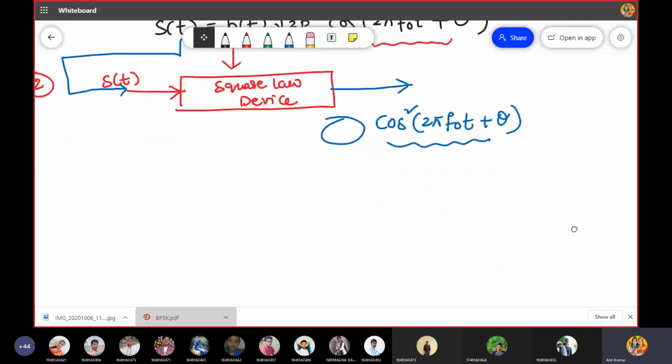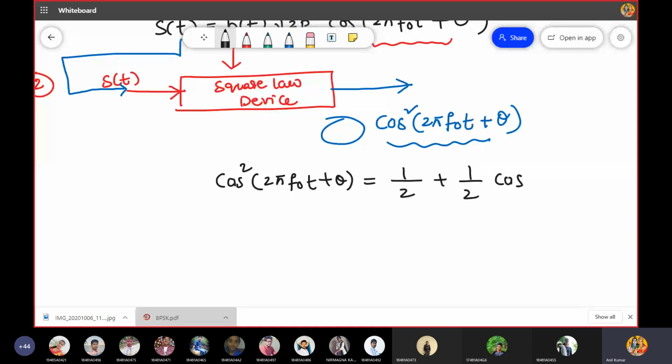If you simply use mathematics, cos square (2 pi f naught t plus theta) can be written as 1 by 2 into cos 2 into 2 pi f naught t plus theta.